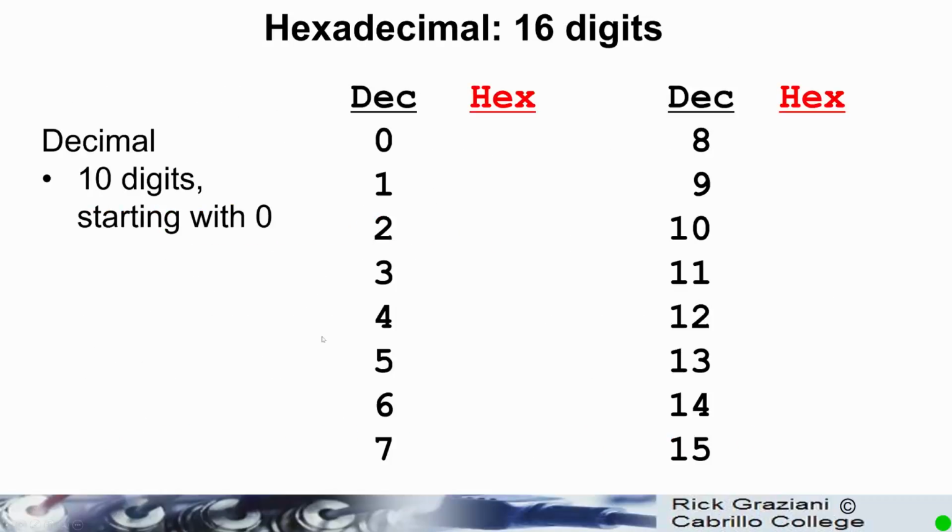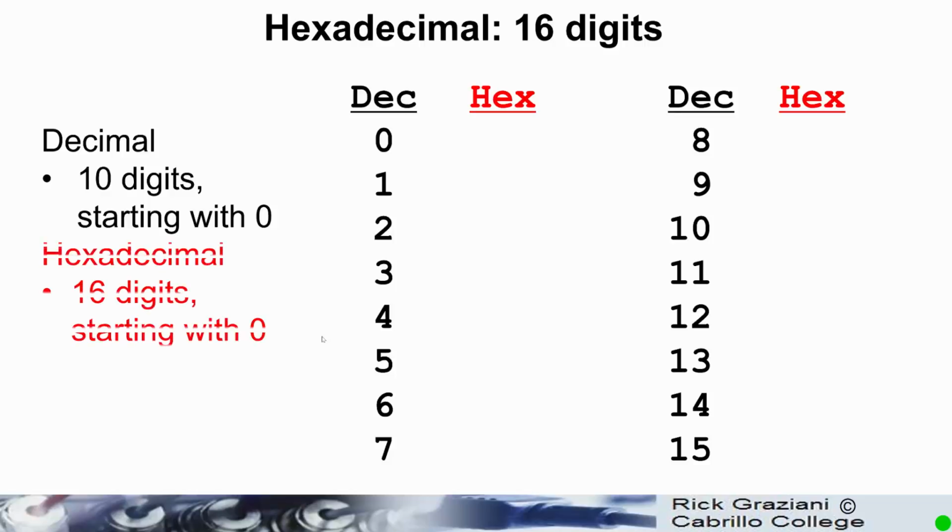With base 10, if we want to represent a number with a single digit, we can only do the first 10 numbers. With hexadecimal, if we want to signify each specific number with a single character, we can do up to 16 numbers, 0 through 15.